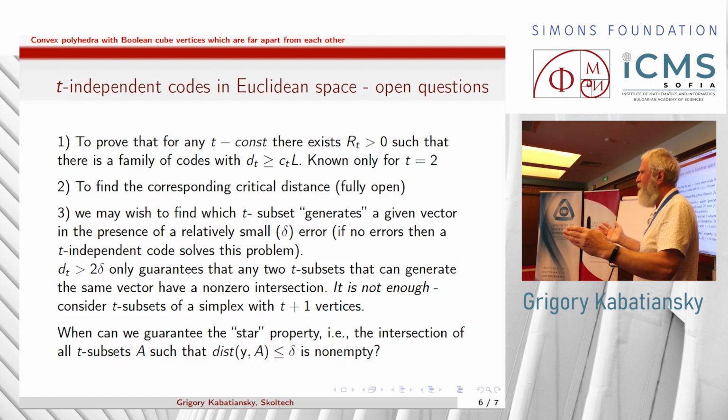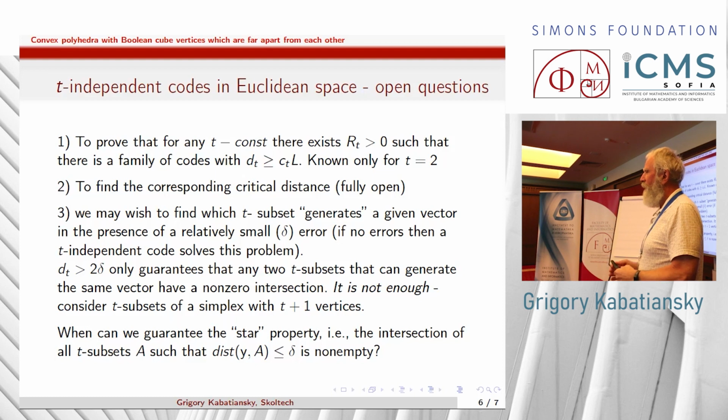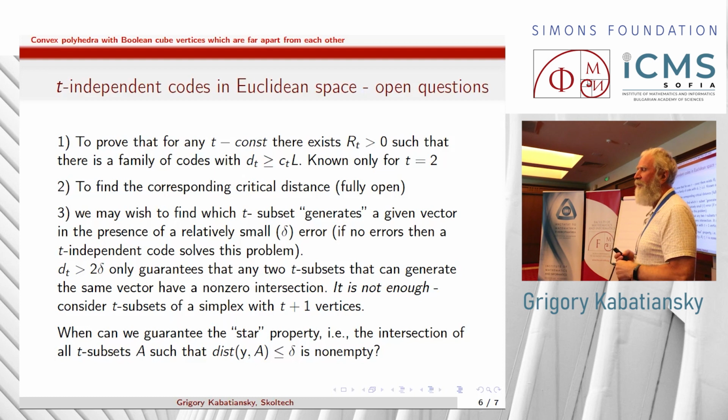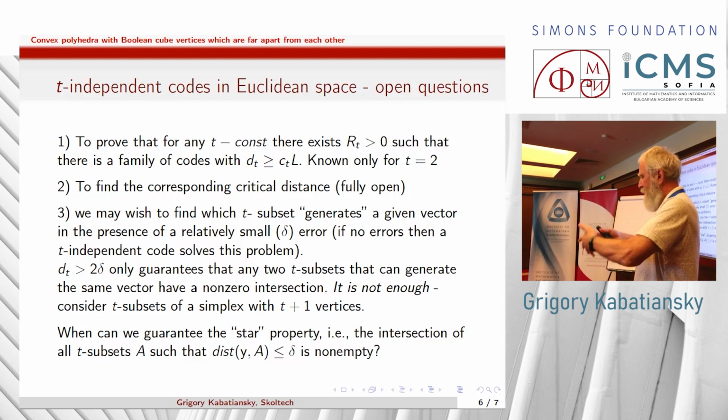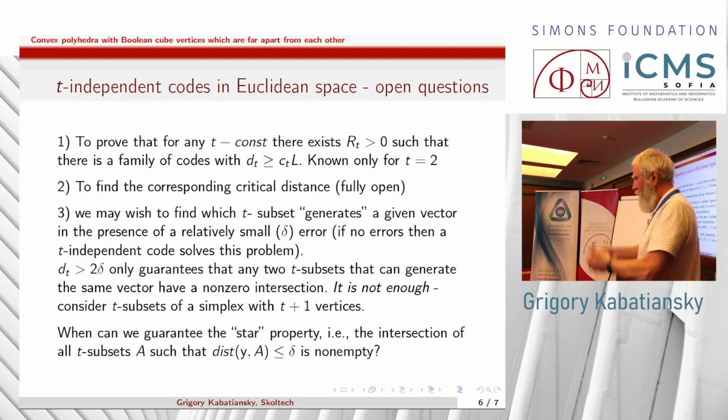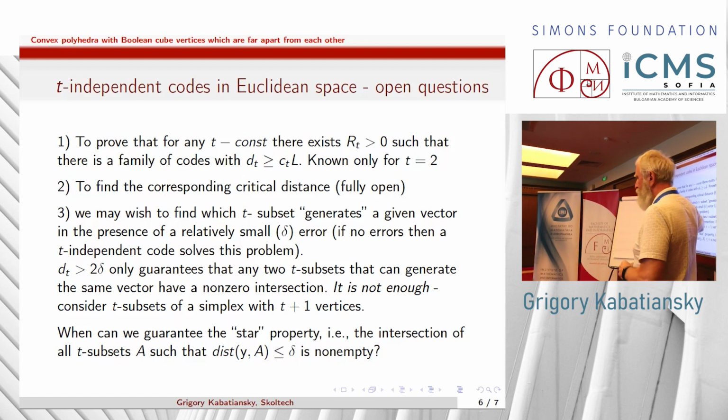But not much, because what could be such a set of suspicious subsets? Think about the simplex on t plus 1 points, and then any t-subsets have this property. They have non-empty intersection, but still we don't have one point to say it belongs to every subset which can generate it.